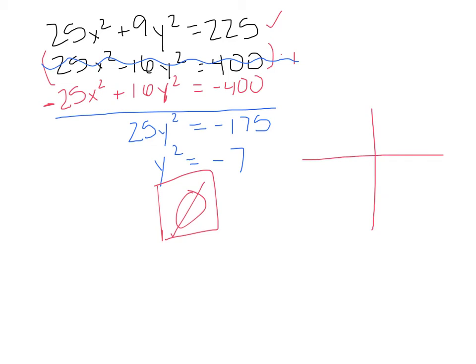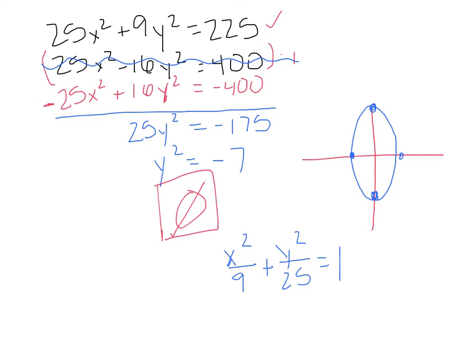For that first ellipse, we will end up with the equation x squared divided by 9 plus y squared divided by 25 equals 1. How do I know that? I divided by 225. So this is up 5, down 5, right 3, left 3. There's our ellipse.